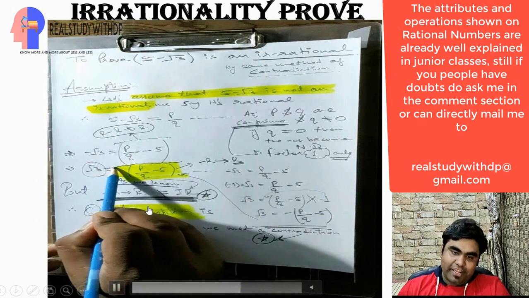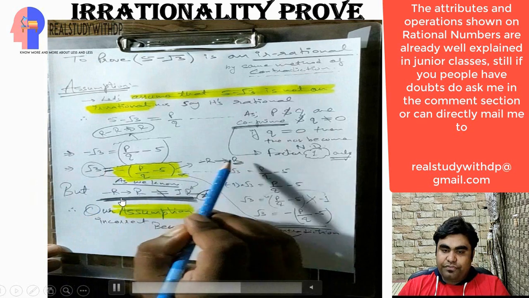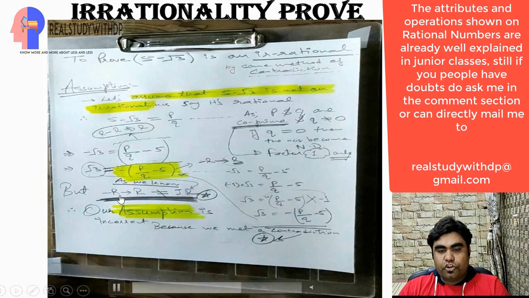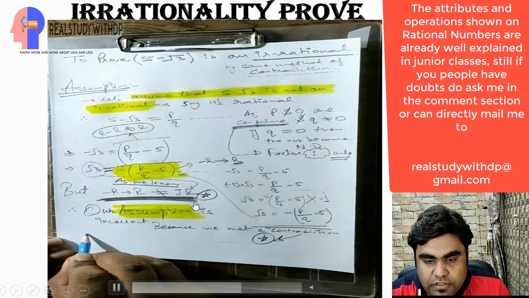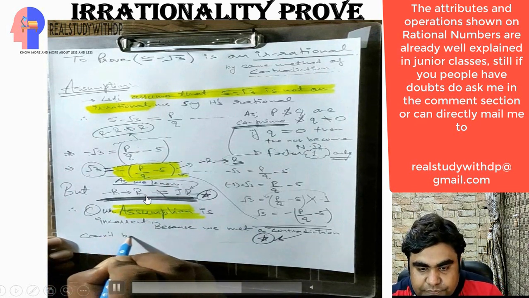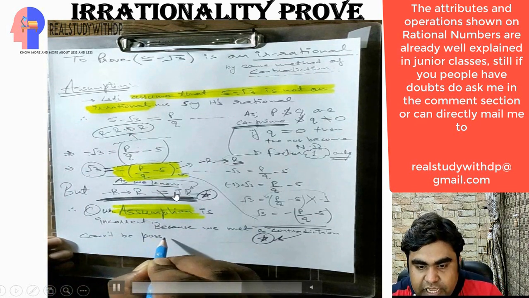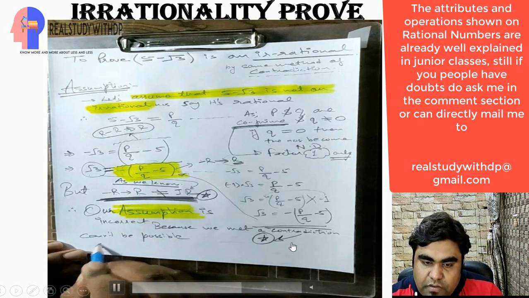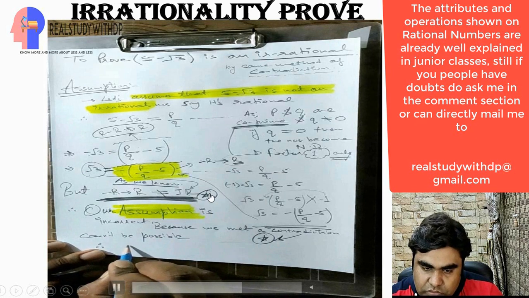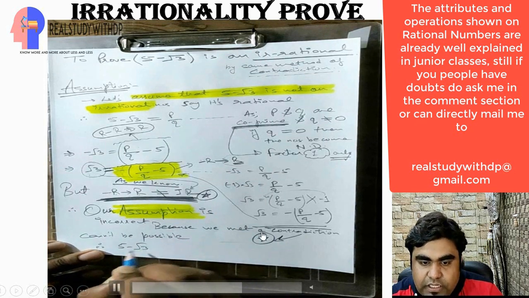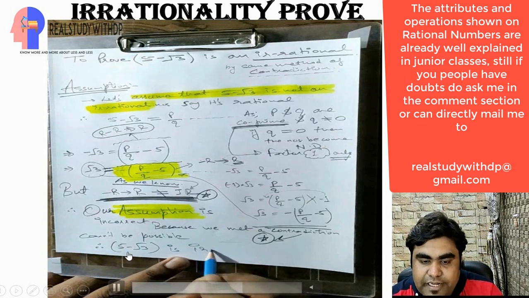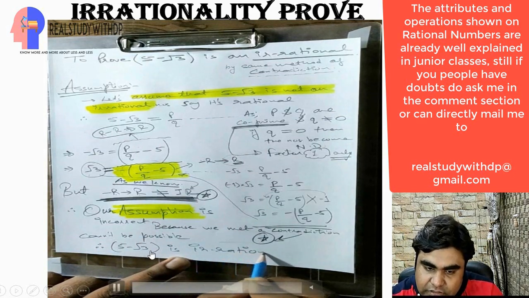Okay, it's incorrect and we have met with the contradiction. Hence, this was the contradiction. I'm just telling you that the negative of a rational will always end with rational only. Negative rational is also rational. That's a mathematical fact.